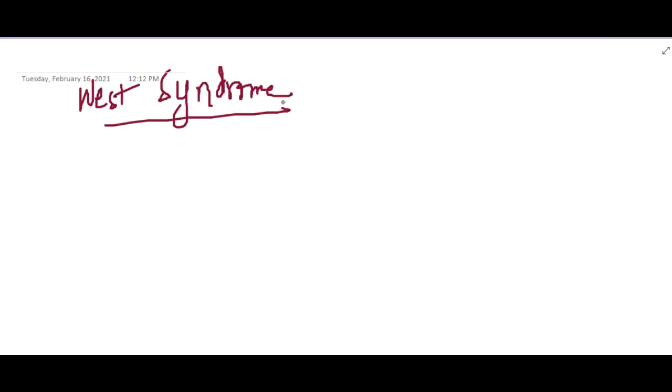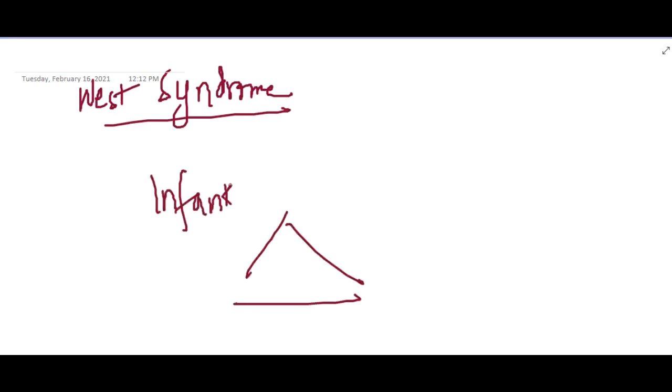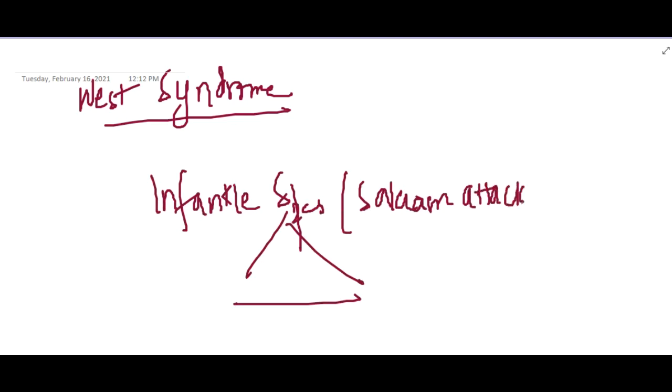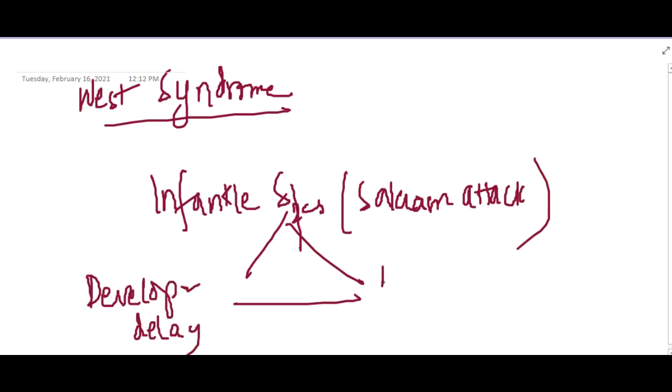So now let us learn some points about West syndrome first. West syndrome has a triad. It includes infantile spasms, which are also called salaam attacks, developmental delay, and hypsarrhythmia seen on EEG.